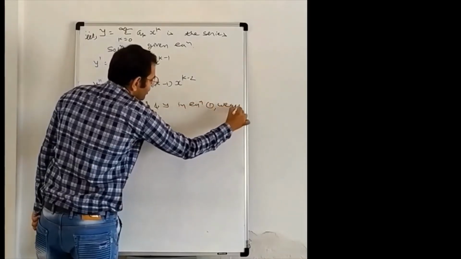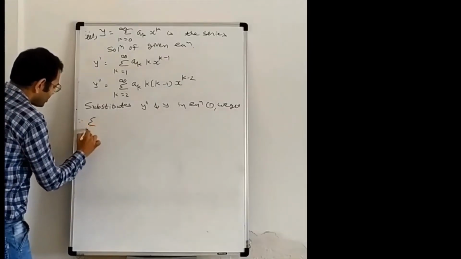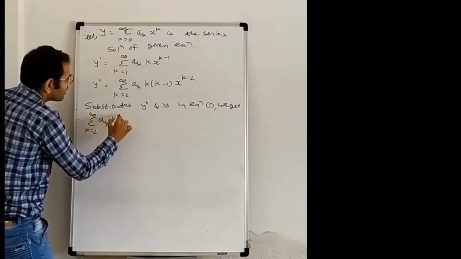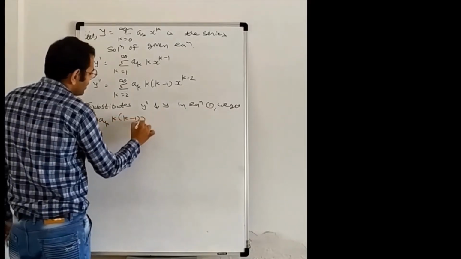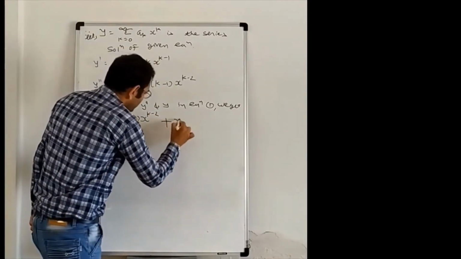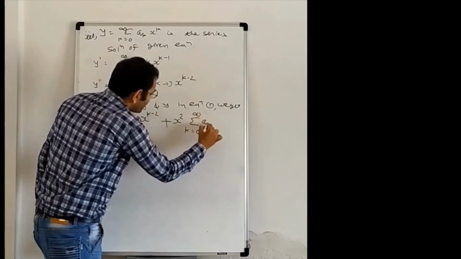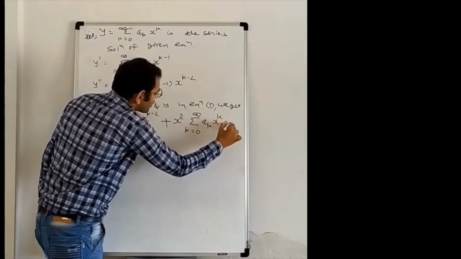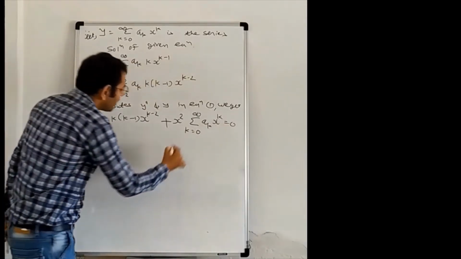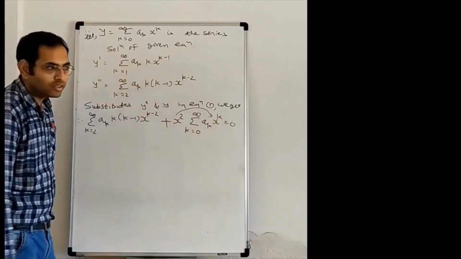We get summation k equal to 2 to infinity ak k into k minus 1 x raised to k minus 2 plus x square summation k equal to 0 to infinity ak x raised to k equal to 0. Now, this x square goes inside the summation.